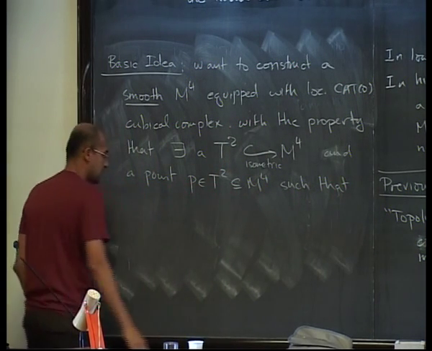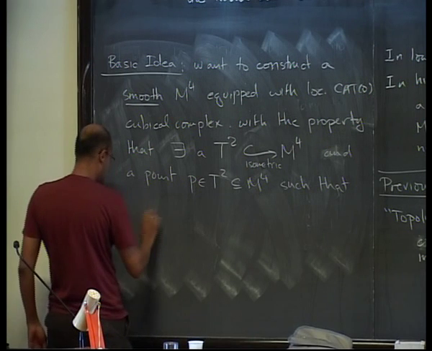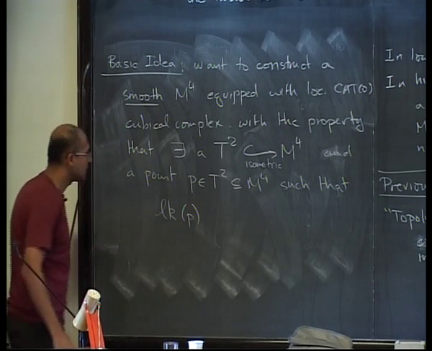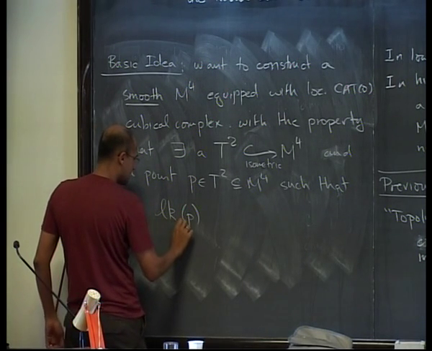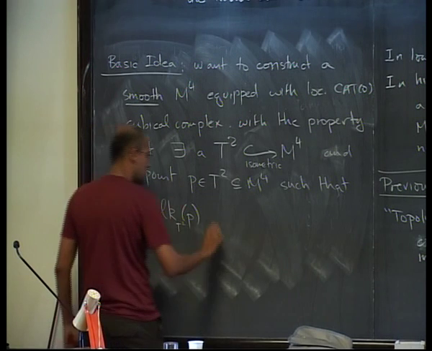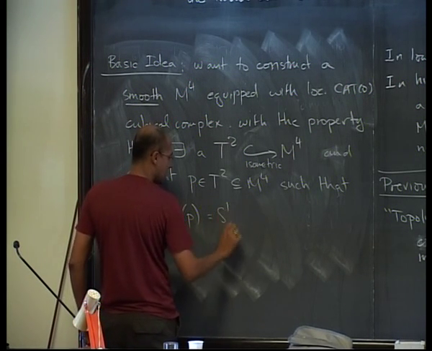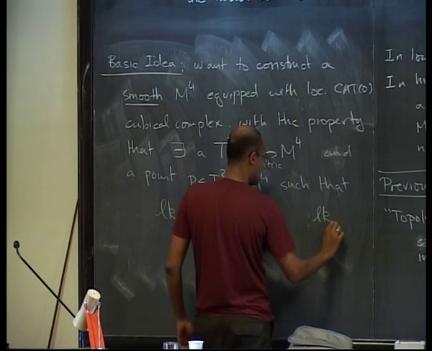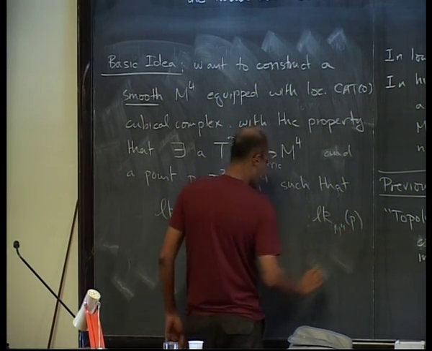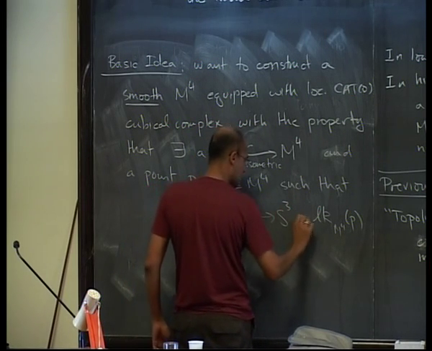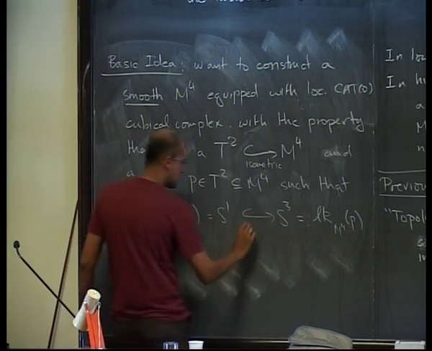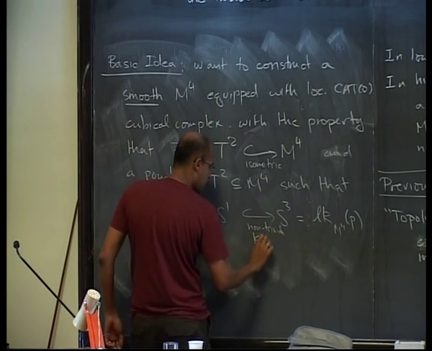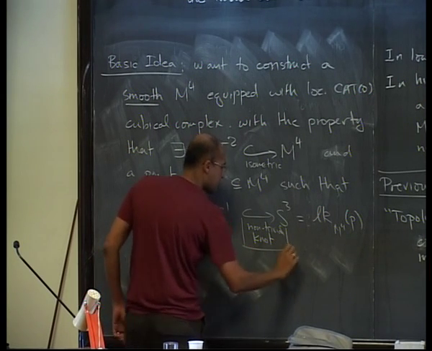If you look at the link at the point P, inside the 2-torus T2 this is going to be a copy of S1 sitting inside the link of the point P in M4, which is a copy of S3. And this defines a non-trivial knot.